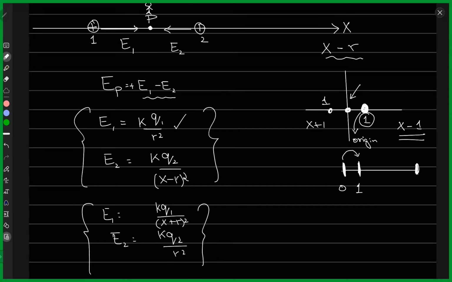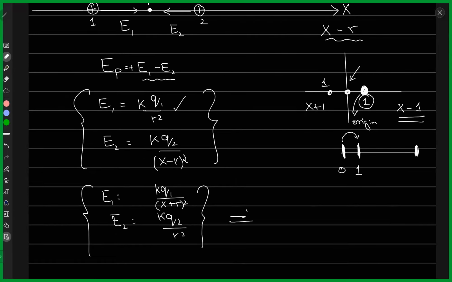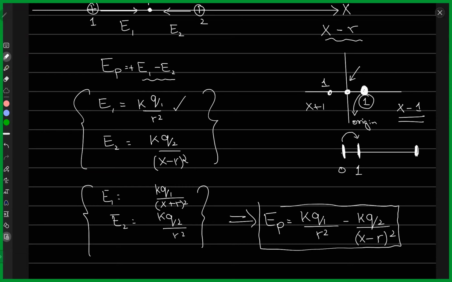So EP is equal to K Q1 by R squared minus K Q2 by X minus R squared. So that is the electric field at point P between the charges that are the same charges, right?